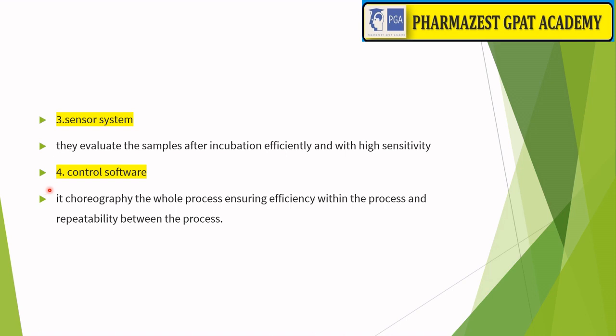Next, coming to control software. It choreographs the whole process, ensuring efficiency within the process and repeatability between the processes. These are the four important components of high throughput screening, which help us to identify the hit molecules.